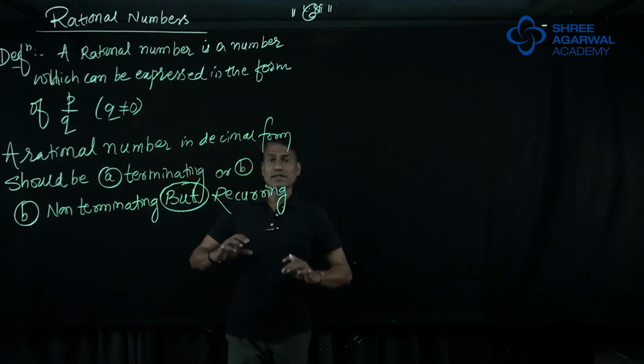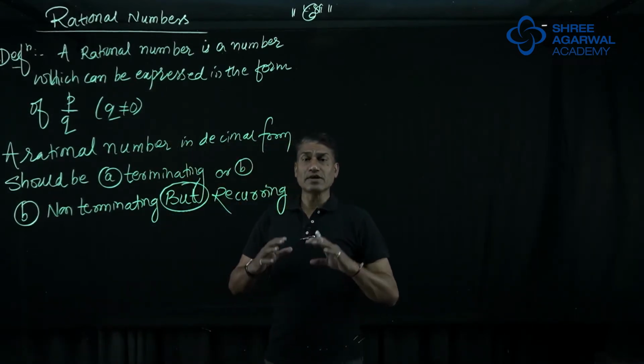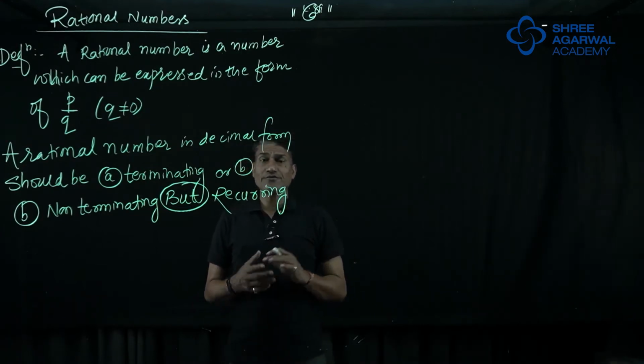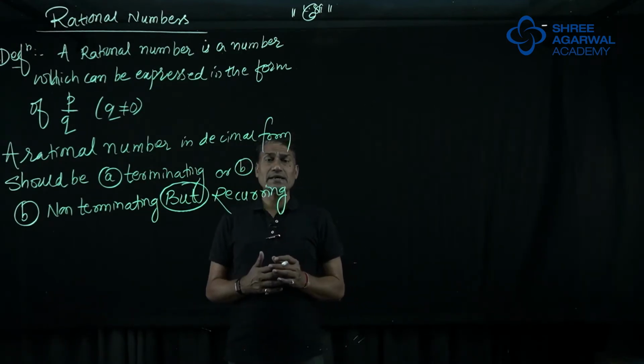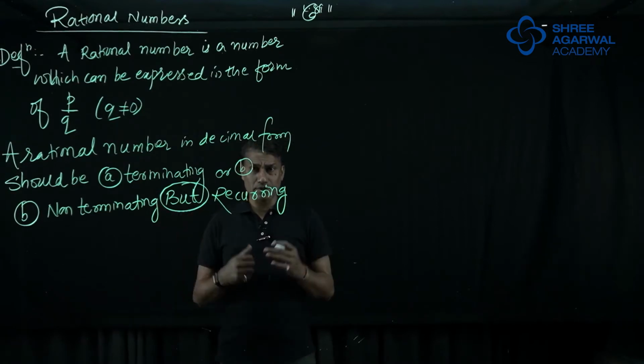So, in the decimal form, if the number is terminating or if it is not terminating but recurring, then the number is called a rational number.